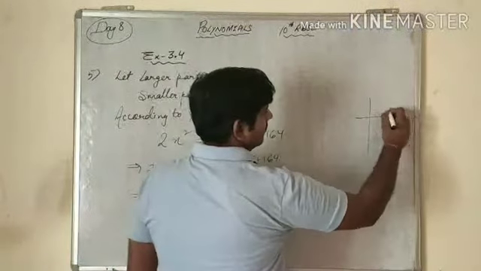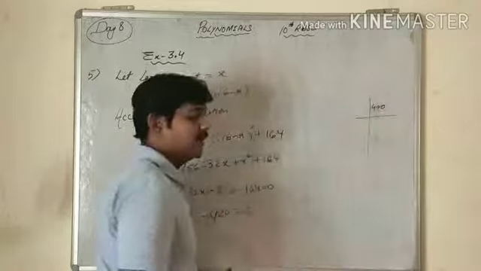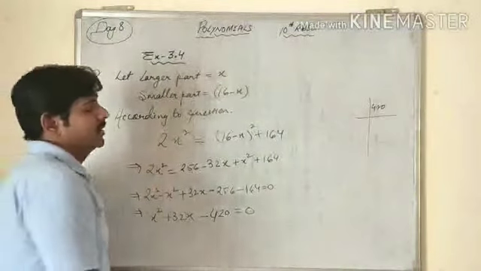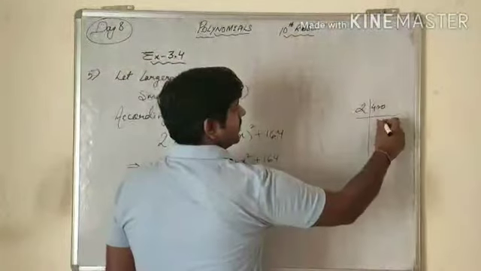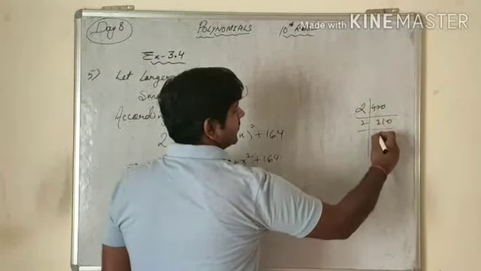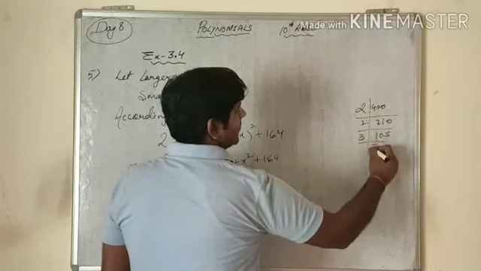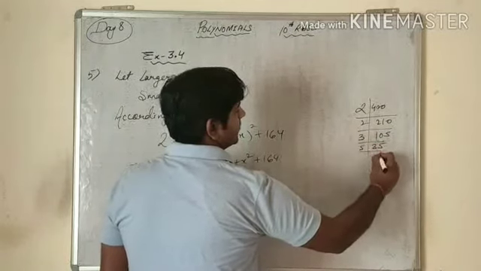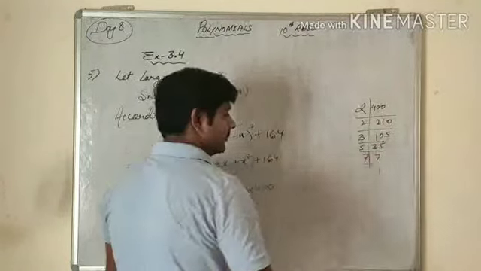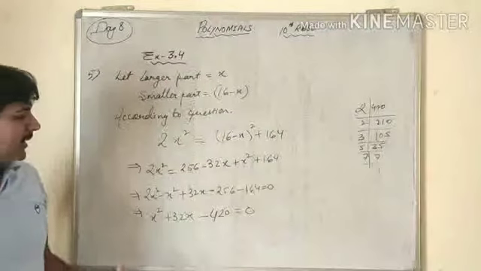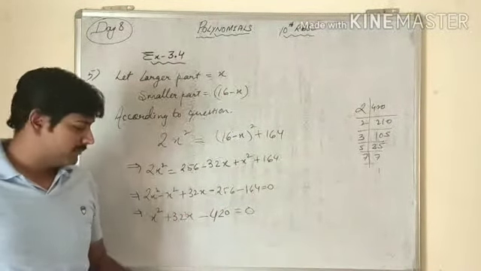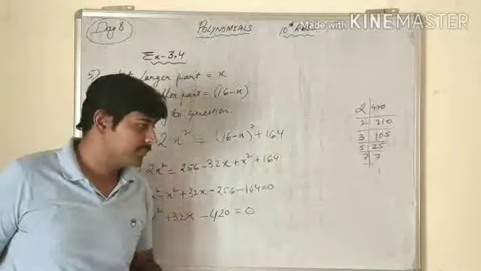We can factorize this 420. If I factorize, there will be 210, again factorize, then we get 105. If we divide by 3, 3 fives are 15, then 35, and there will be 7. Now I need two parts whose sum or difference must be 32.